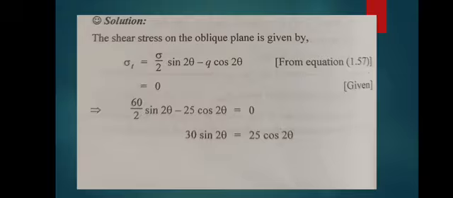Then you have to solve it. 60 by 2 means 30. Then minus 25 cos 2 theta moves to the right hand side, so the sign becomes positive, which gives 30 sin 2 theta is equal to 25 cos 2 theta. Then we know that sin by cos is equal to tan. Therefore, move the cos 2 theta to the denominator: sin 2 theta divided by cos 2 theta is equal to 25 by 30.